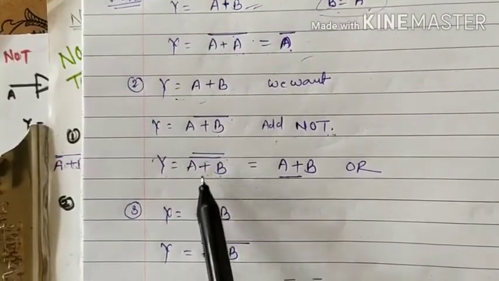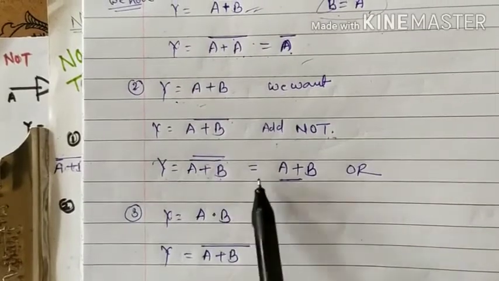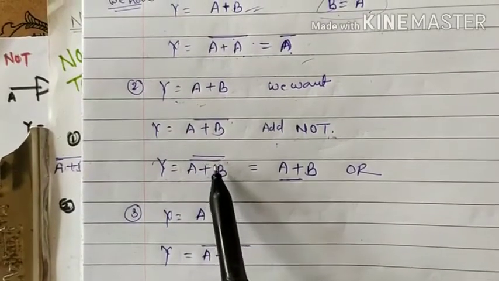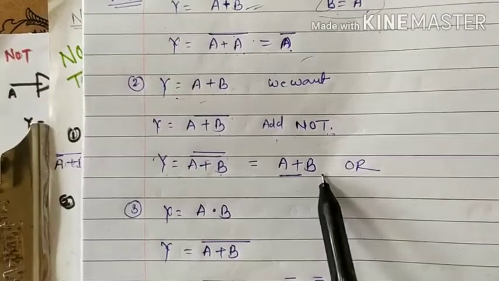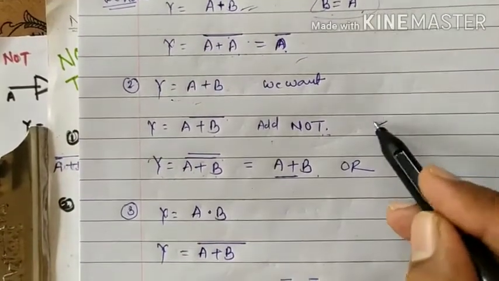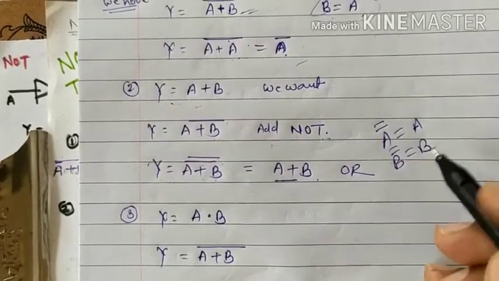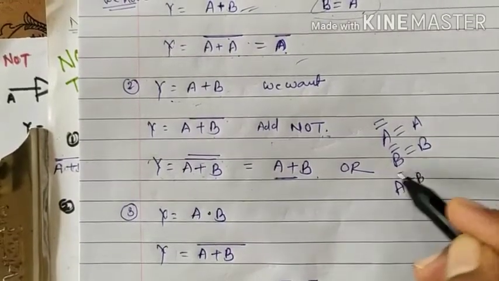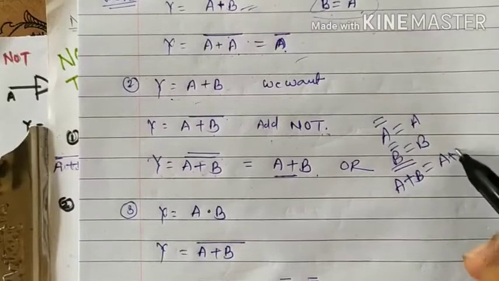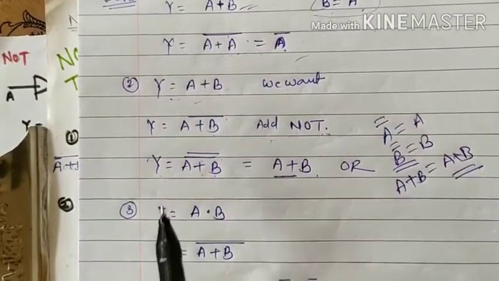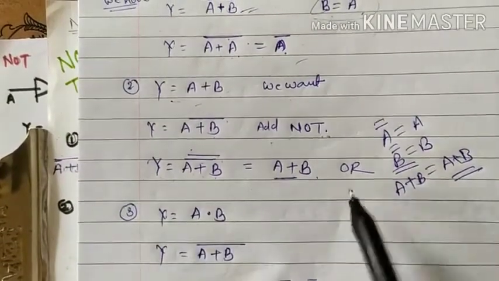So it becomes (a plus b) double bar. We just write it as a plus b, because we know a double bar is equal to a, b double bar is equal to b, and (a plus b) double bar will be a plus b. In this way we convert our NOR gate into an OR gate simply.